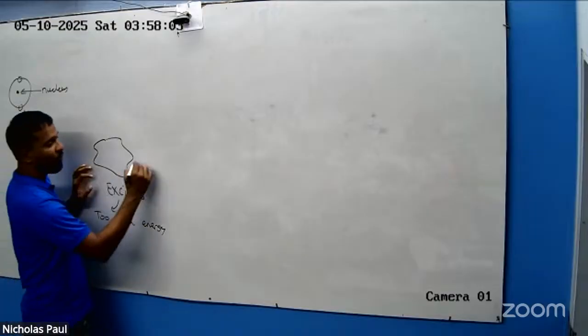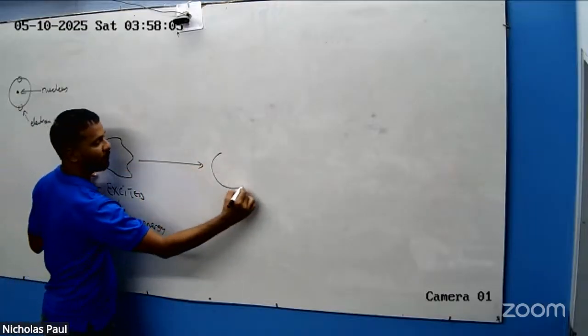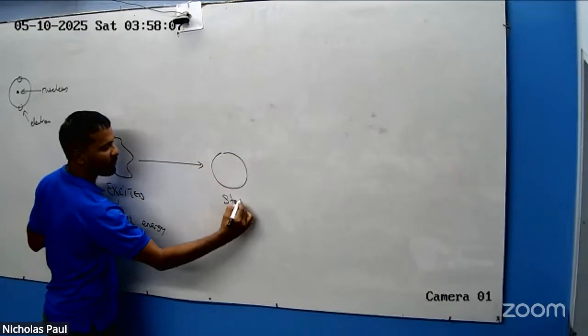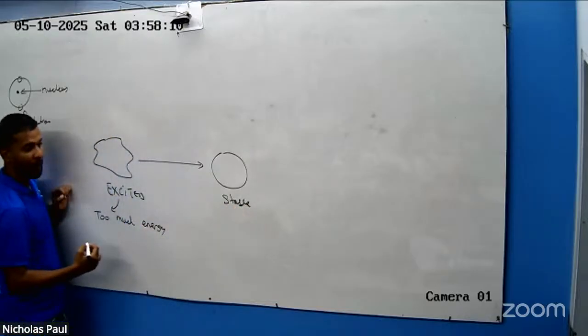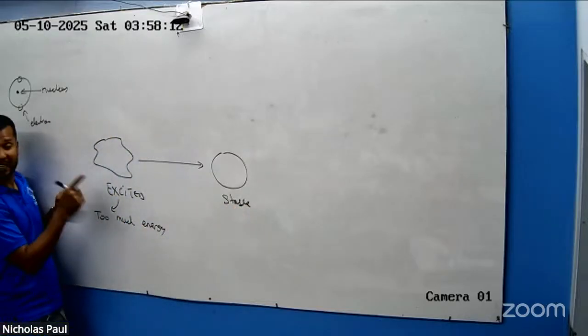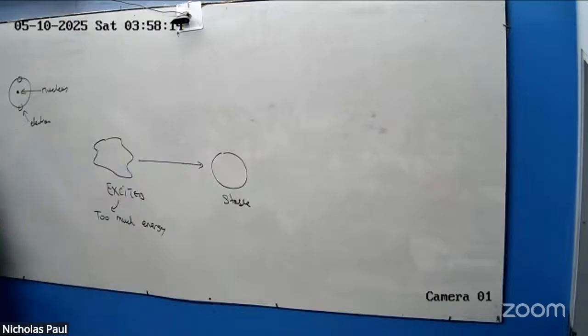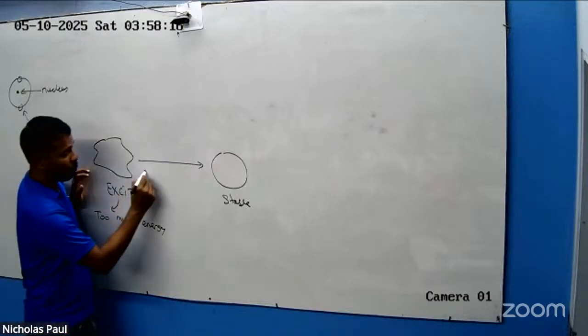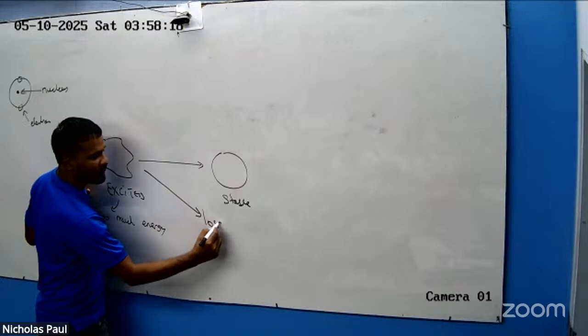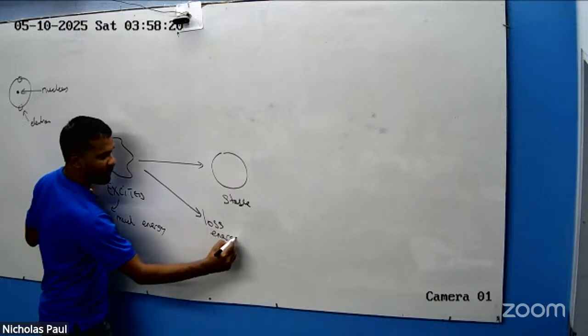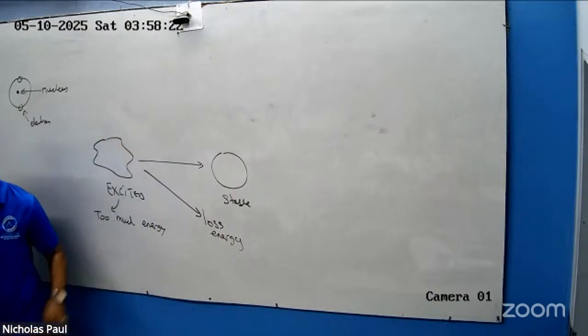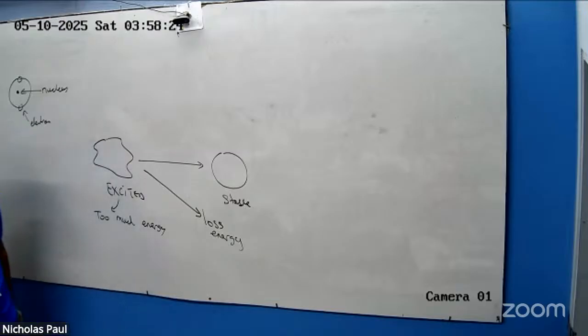To go from excited to stable, what must happen? It will lose energy. I'll look for this simulation just now, but it shows the same thing. It will lose energy.